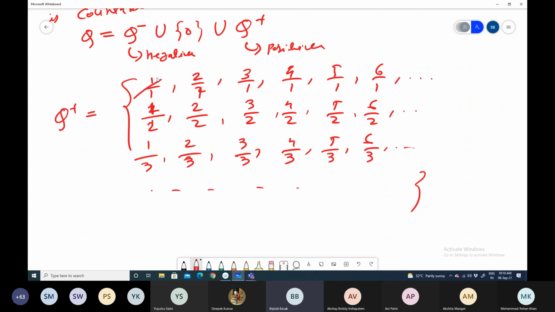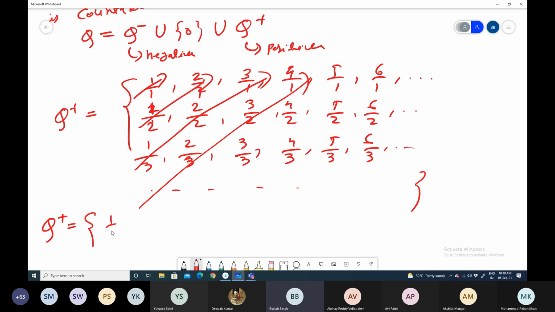You just count diagonally. Remember that the terms can be repeated, as I told you. So you can take an infinite sequence of Q plus: the first component is 1, then 1 by 2, 2 by 1, then 1 by 3, 2 by 2, 3 by 1, then 1 by 4, 2 by 3, 3 by 2, 4 by 1, in this way.